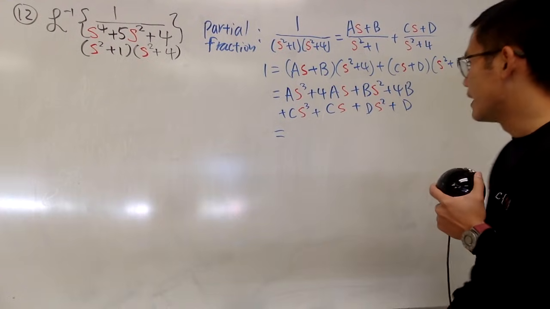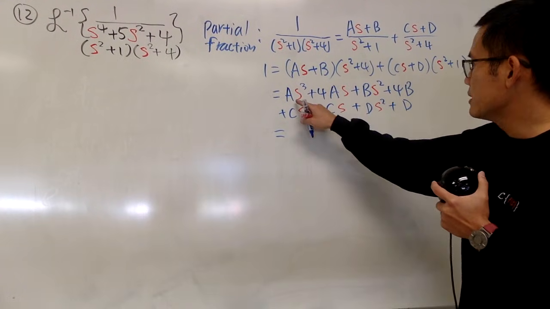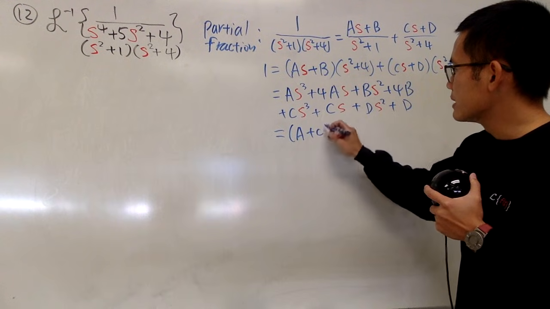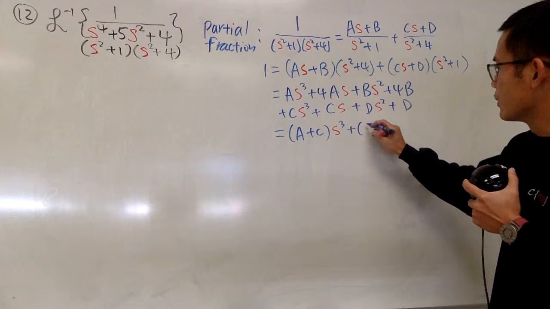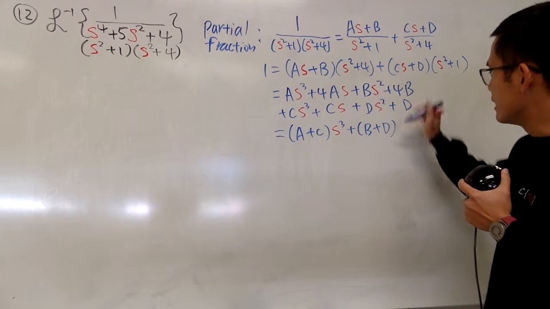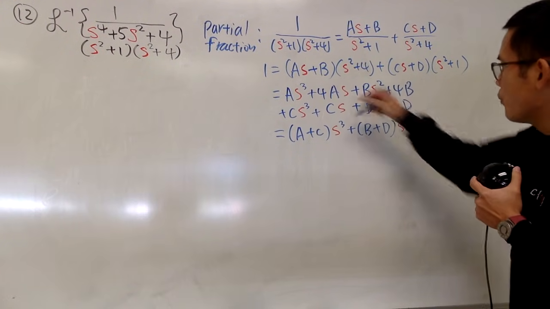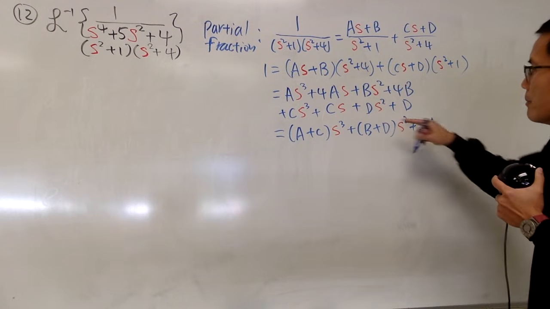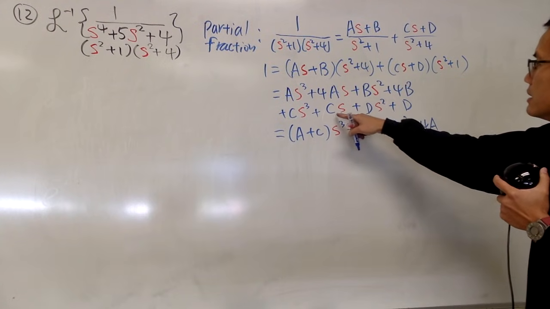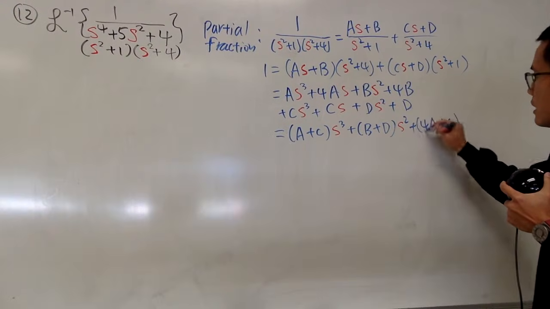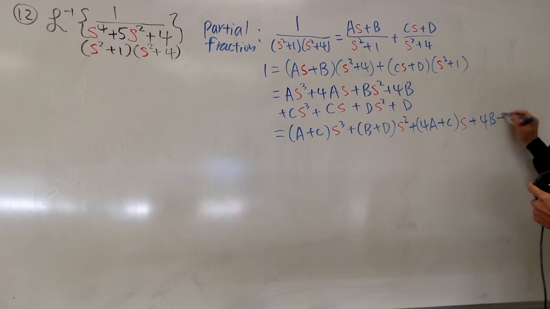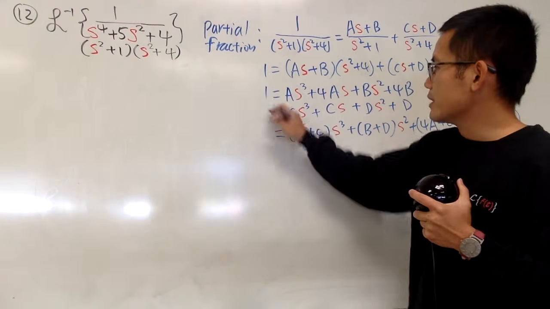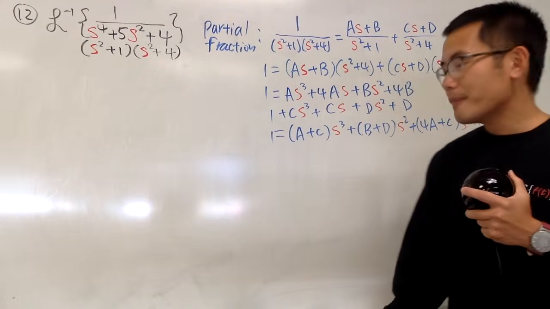So now let's just combine terms. You can see we have (a + c) s³ plus (b + d) s² plus (4a + c) s, and then lastly the constant 4b + d.